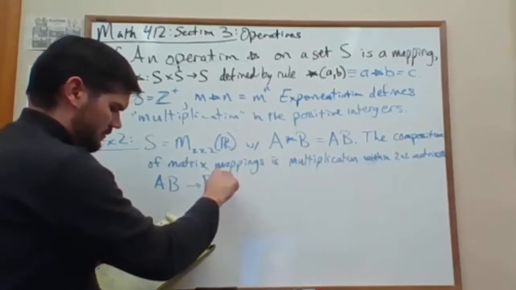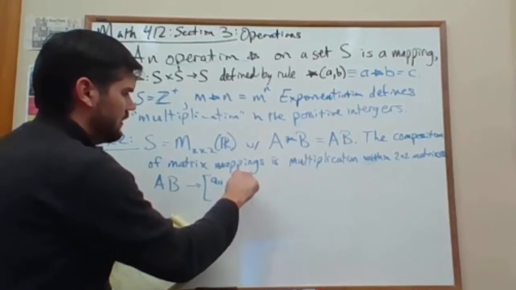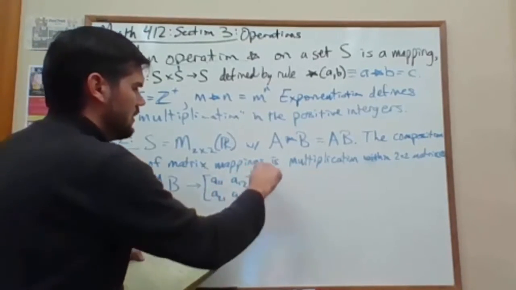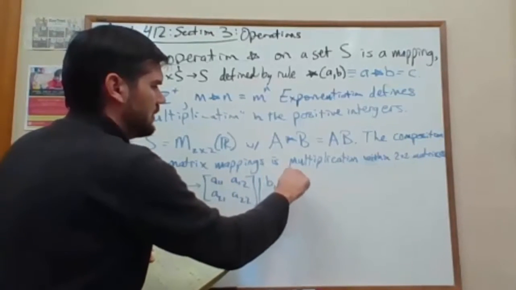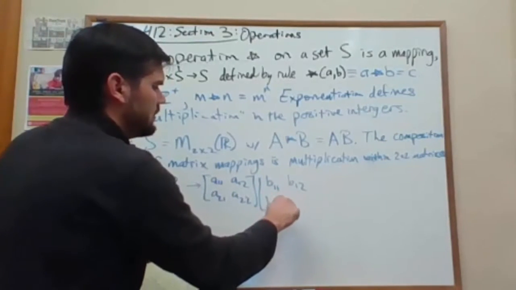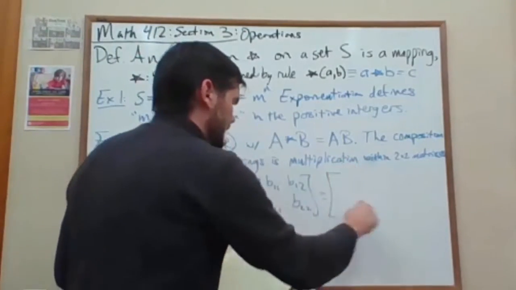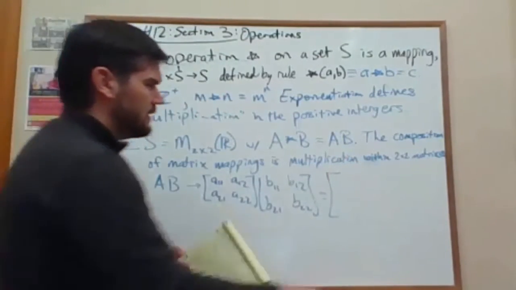We have A11, A12, A21, A22, multiplying by B11, B12, B21, B22. And we get the product.